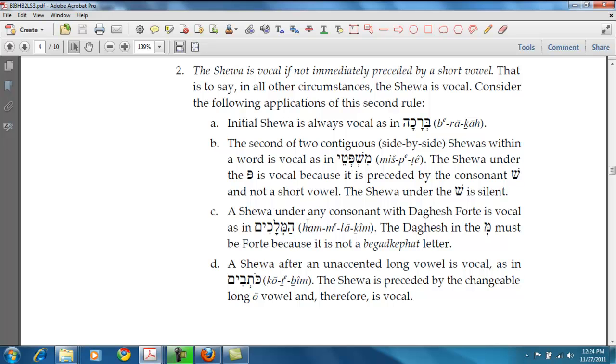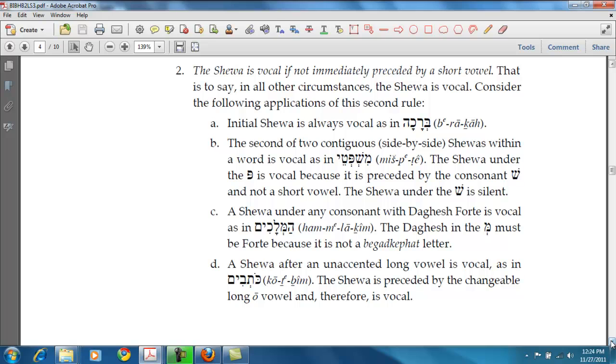If the shavah comes under a consonant that has a dagesh forte, then it's going to be vocal because it's a non-begadkefat letter. And then if it's following a long vowel in an accented syllable, it's going to be vocal. So that's basically what you have for the rules of shavah right there.